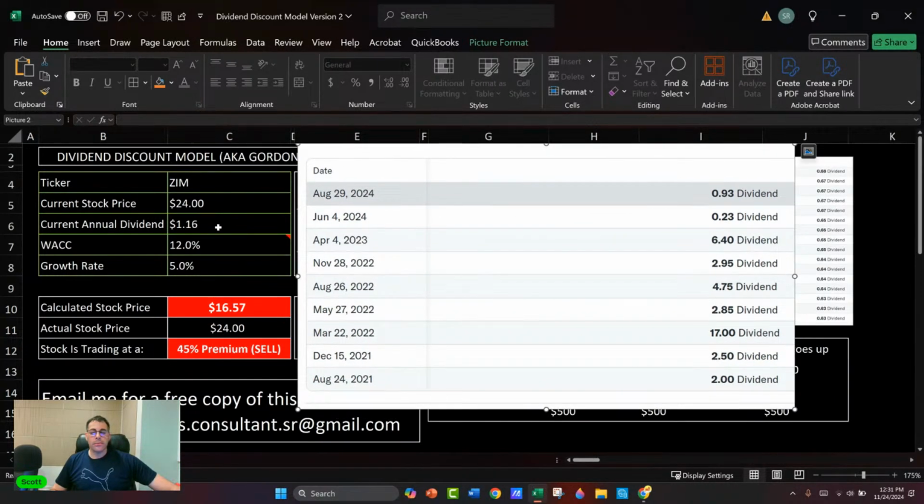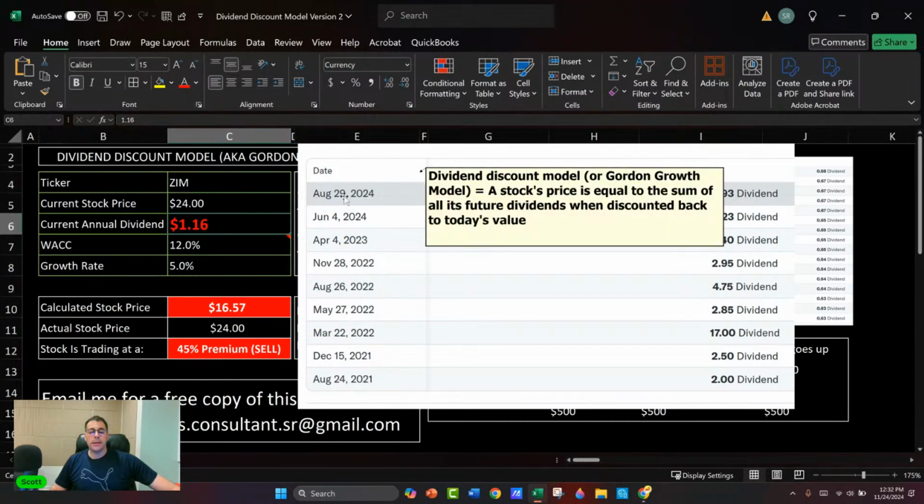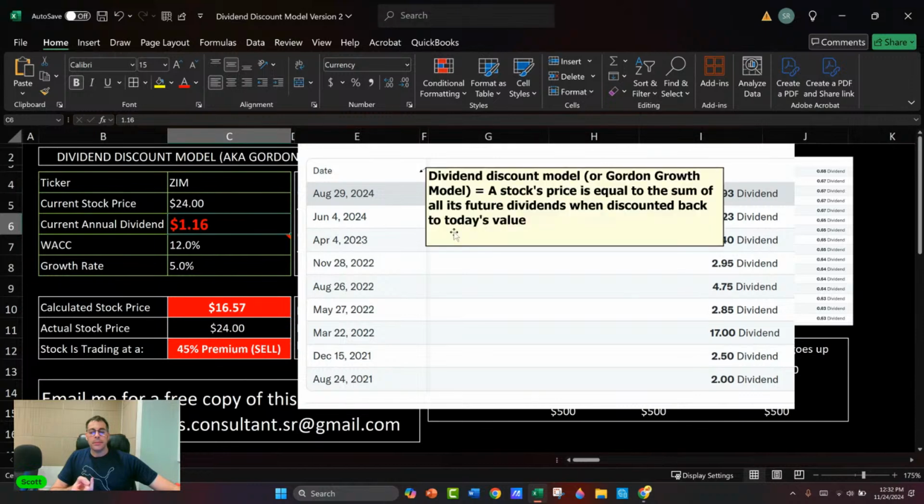So this $1.16 that I input, you see this $1.16? The way they got that is these two dividends combined, because in the past 12 months they only paid two dividends.